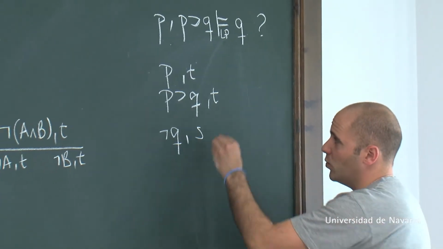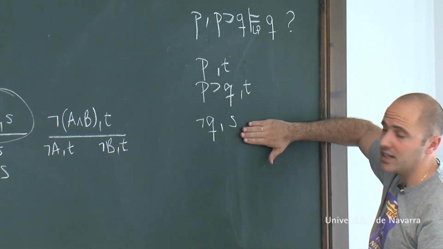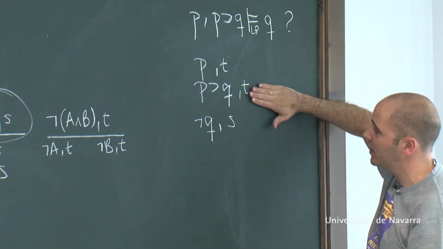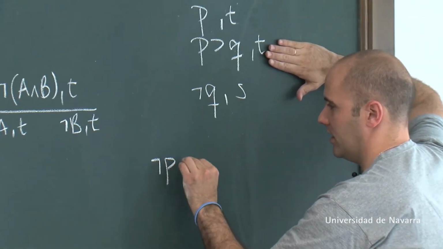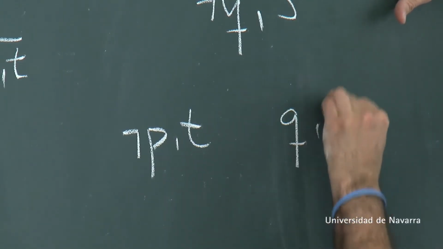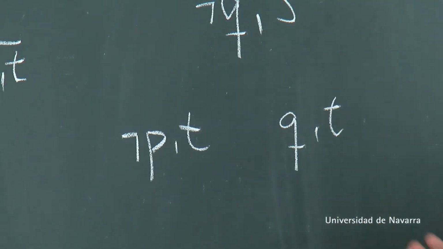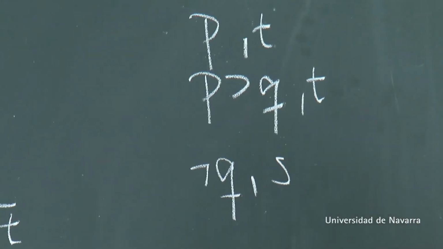We've got this formula that cannot be analyzed, this other formula that cannot be analyzed, so we've got to analyze this one. And the analysis tells us not P tolerated and Q tolerated, right? So we've got these two branches and the tree is finished.